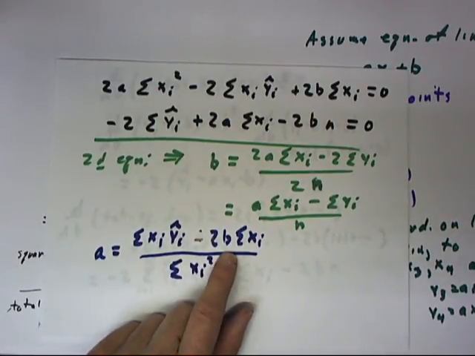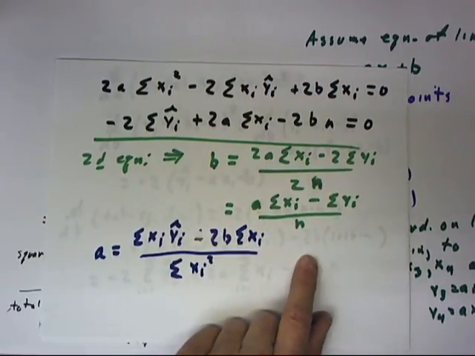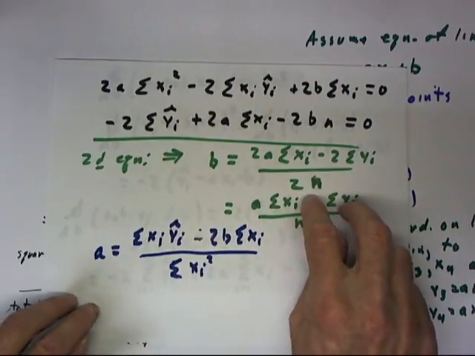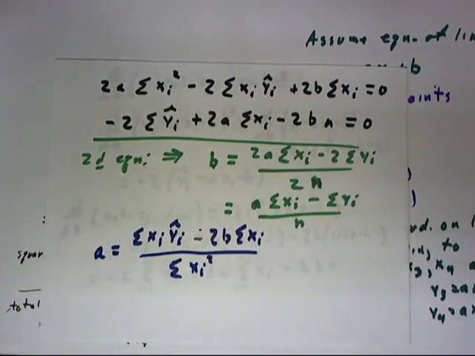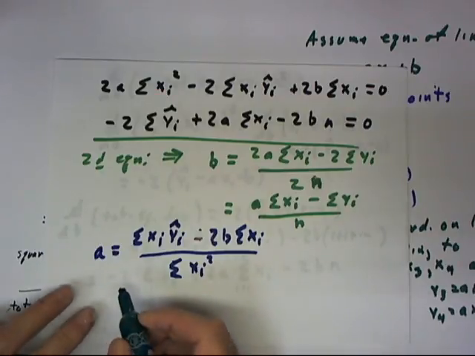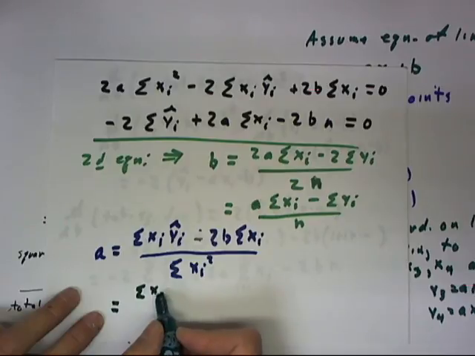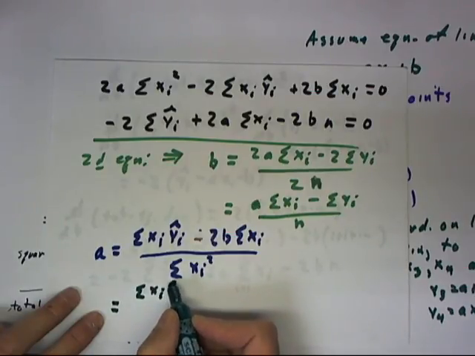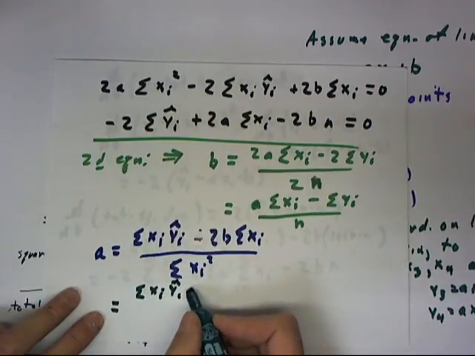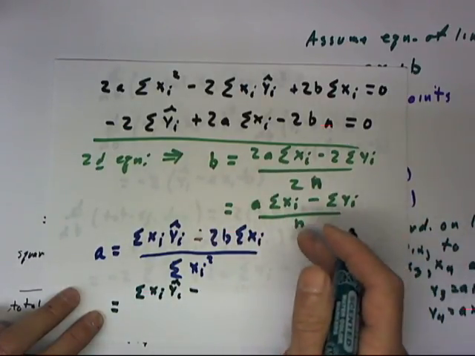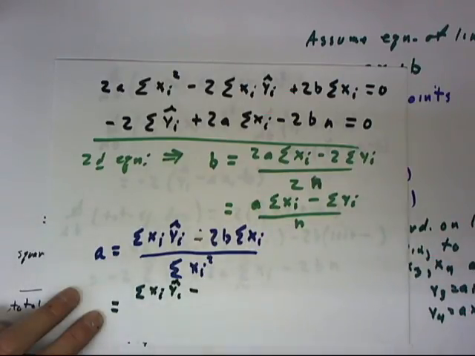Now, b itself is this expression. If I plug this expression in here, and I'm not going to point out every detail of the process, I find that a ends up being equal to the sum of the xi yi hats minus, okay, it's going to be this times the sum of xi.